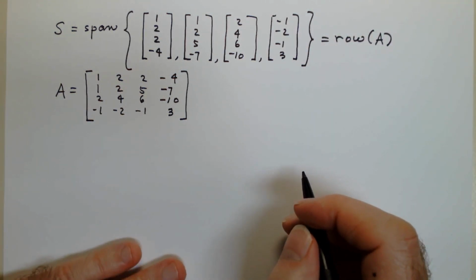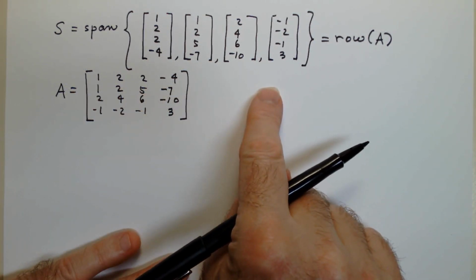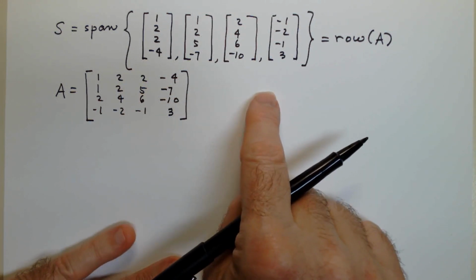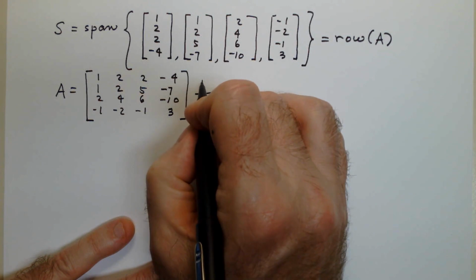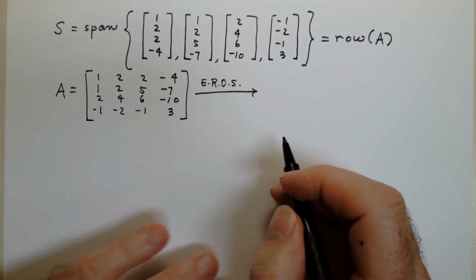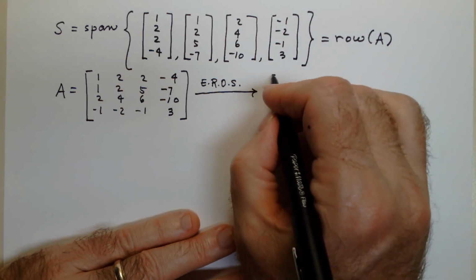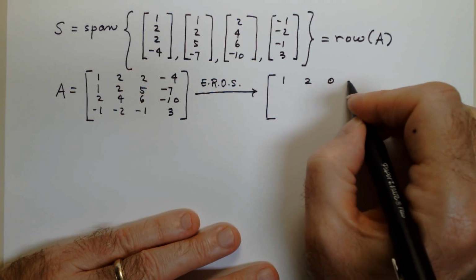Okay, now the next thing to do is to row reduce this matrix A. We're going to take it all the way down to its reduced row echelon form. I will spare you the details, but there's a sequence of elementary row operations that we can do that will take this matrix down to 1, 2, 0, negative 2.